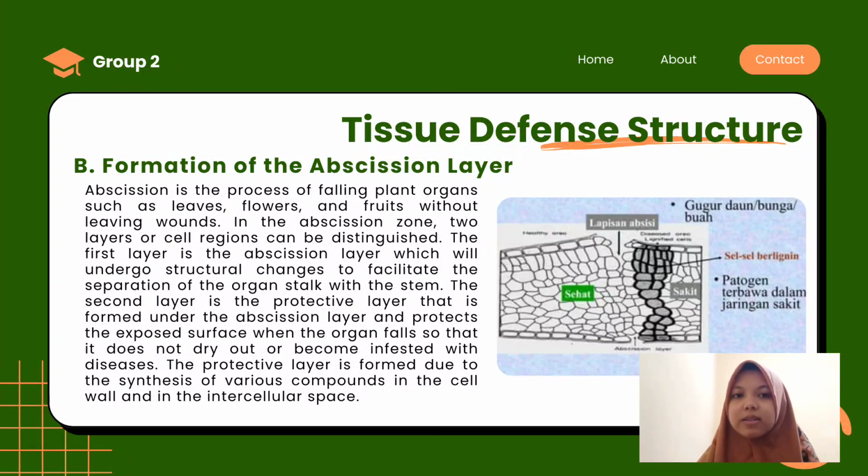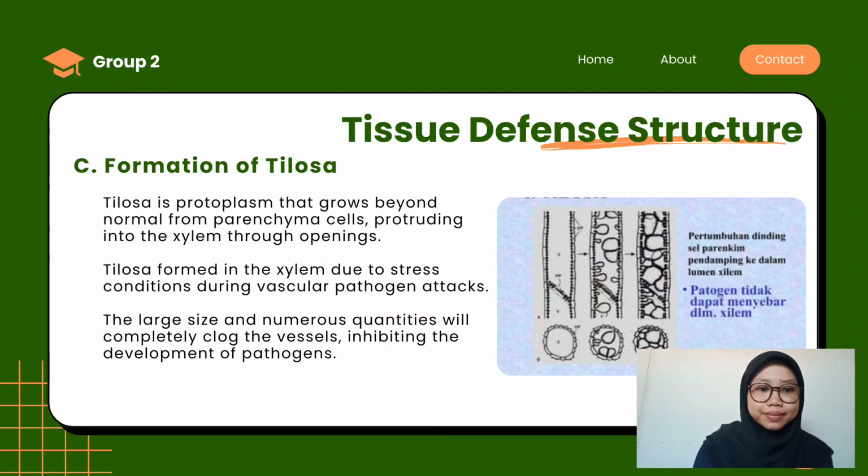The second layer is the protective layer that is formed under the abscission layer and protects the exposed surface when the organ falls, so that it does not dry out or become infested with a disease. The protective layer is formed due to the synthesis of various compounds in the cell wall and the intercellular space.